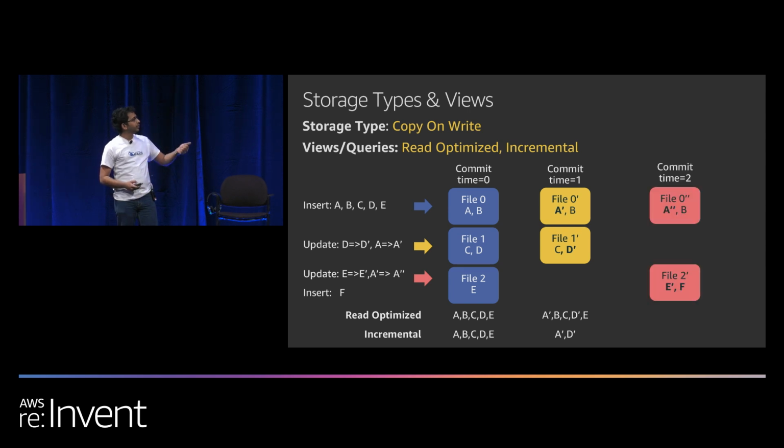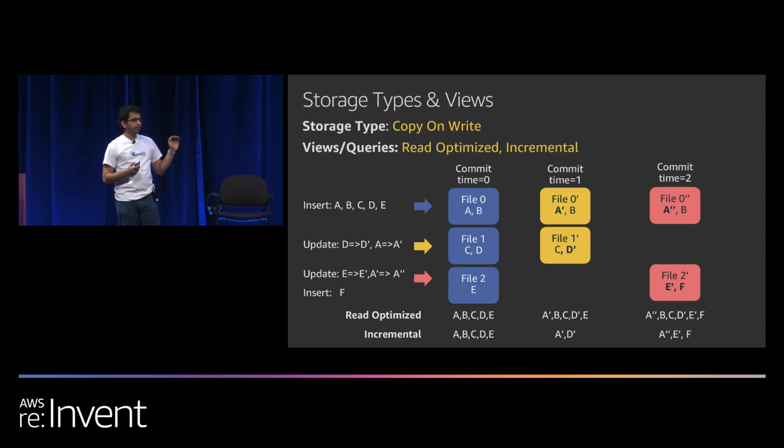So it's going to generate a new version of file 2 by adding both the update E prime and the new F record as well. File 0 gets versioned again as file 0 double prime, and now if you query the read optimized view as of commit time 2, you're going to get A double prime, B, C, D prime, E prime, and F.